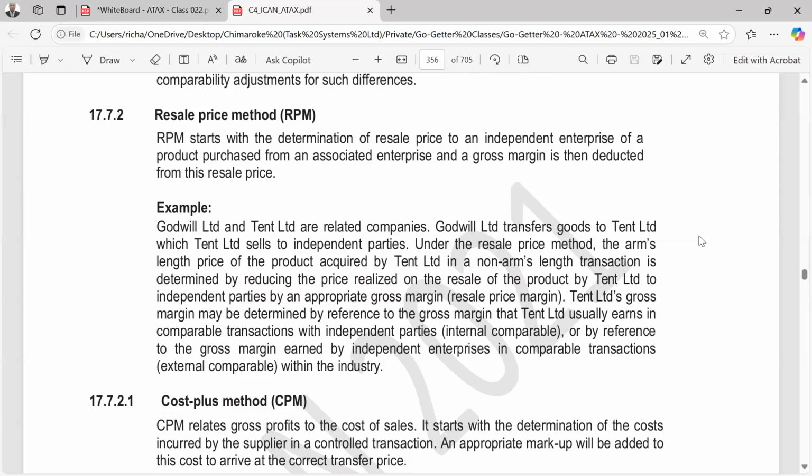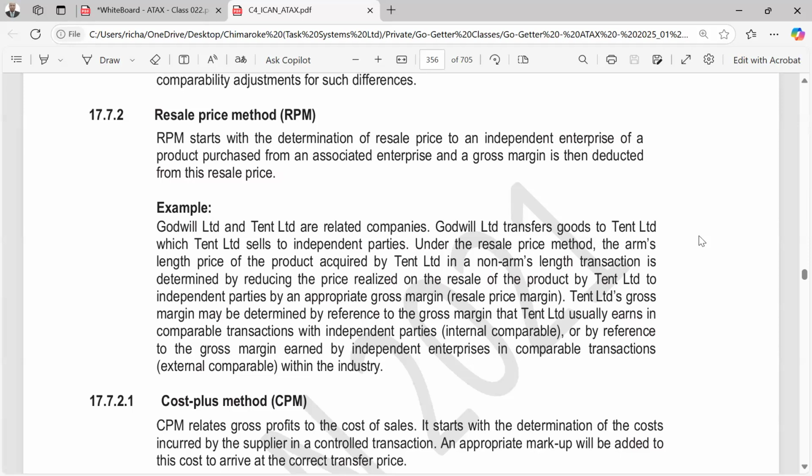Under the resale price method, the price that Tent Limited sells to independent people is normally an arm's length price. So they will sell them at arm's length price normally. But now they acquired it using a non-arm's length price.